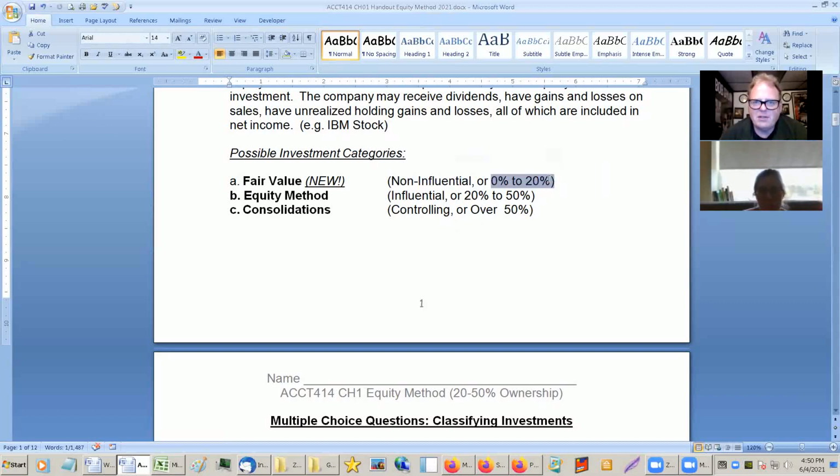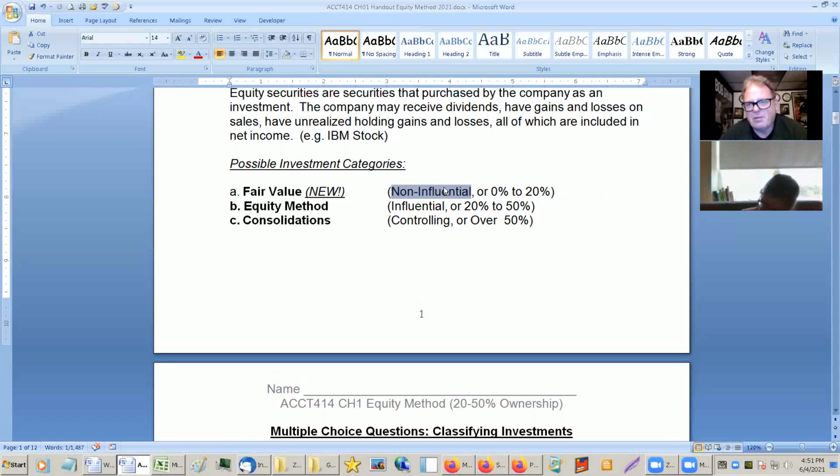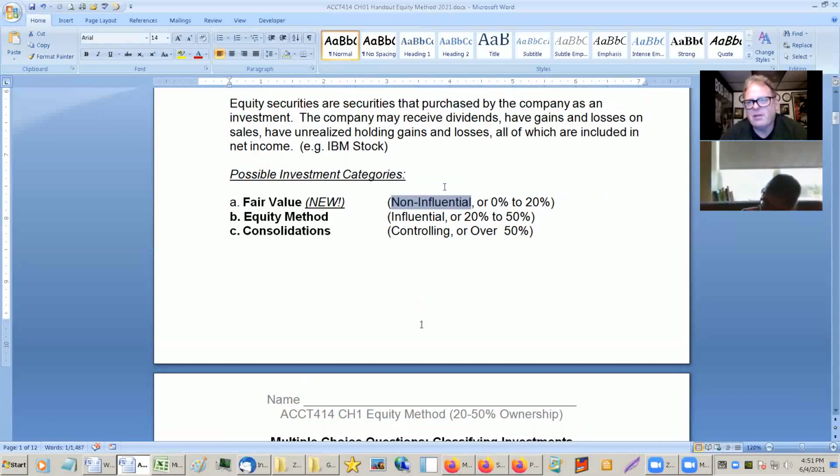Well, this is what's kind of strange though. When they put these methods out, one of the examples they gave was 20%. That stuck for some reason. So the real criterion is that it's non-influential, so that they can't influence the decisions of the company. Now, if you owned 10% of IBM, you would definitely be influential.